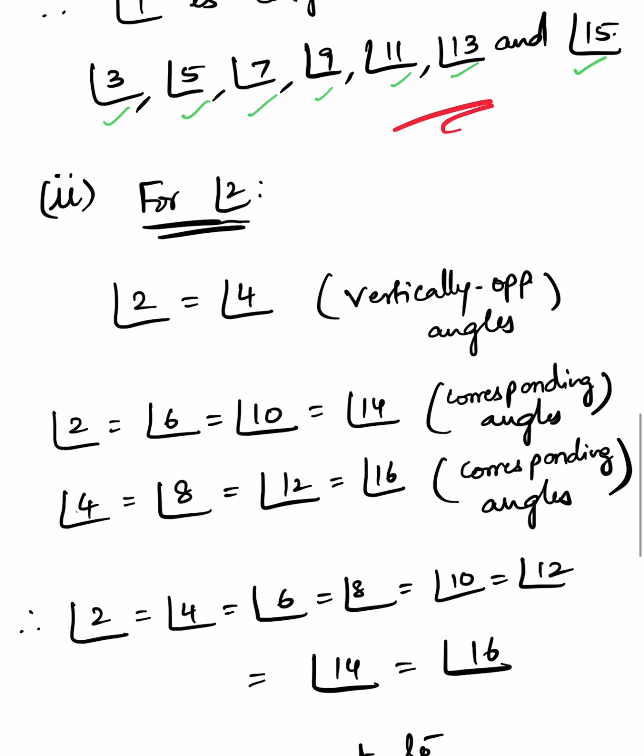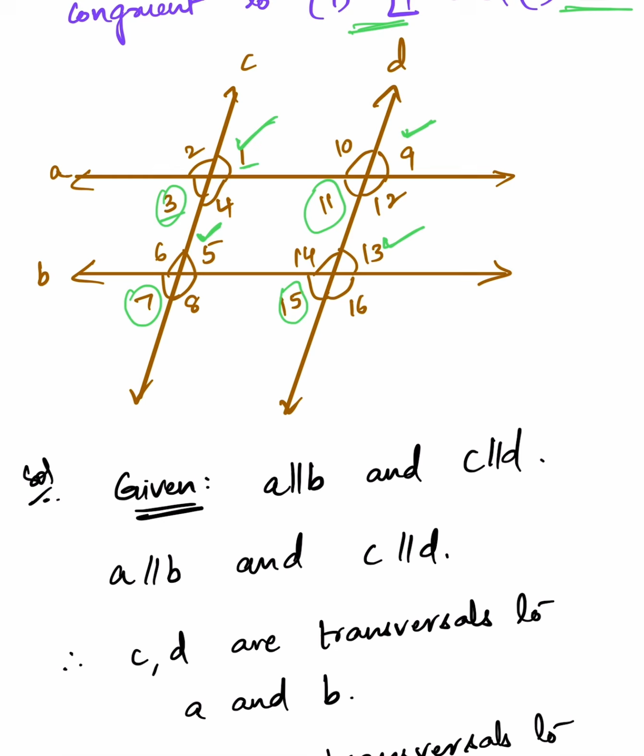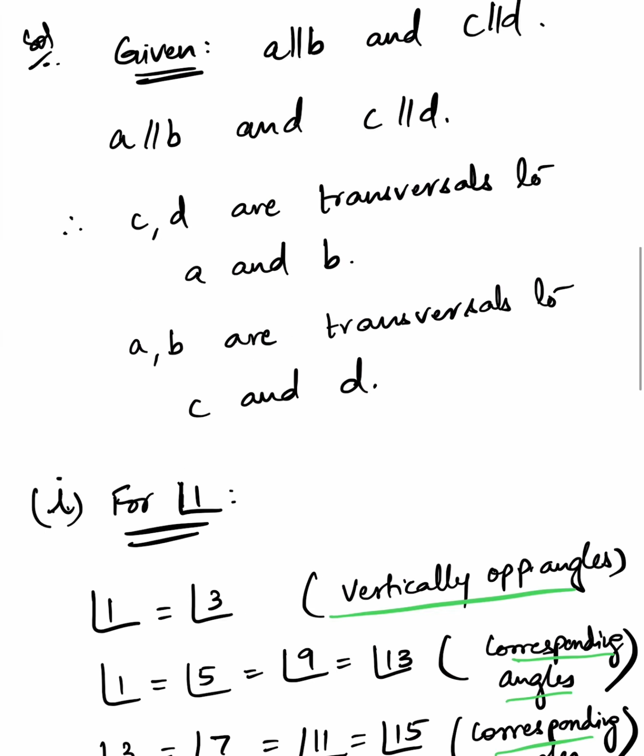Similarly for 2. Again 2 equal to 4 for the same reason, vertically opposite angles. From the figure, 2 and 4 are vertically opposite angles. Similarly, 2 and 10 are corresponding angles. 2 and 6, 6 and 14, 10 and 14, all these are corresponding angles. Similarly, because 2 is equal to 4, 4 and 12, 16 and 8 are corresponding angles. So they are equal.